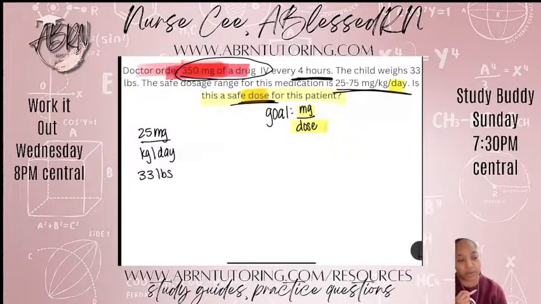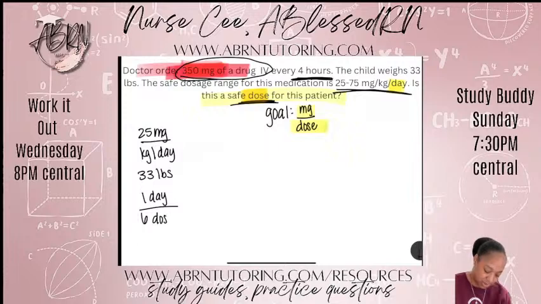If we are going to give a medicine every 4 hours and there are 24 hours in the day, how many doses will it be for that day? Well, you're going to take 24 and divide it by 4. And then it's going to be 6. So one day has 6 doses in it.